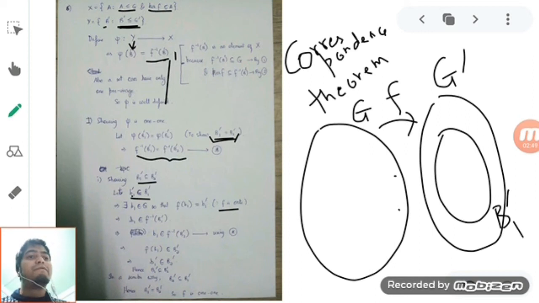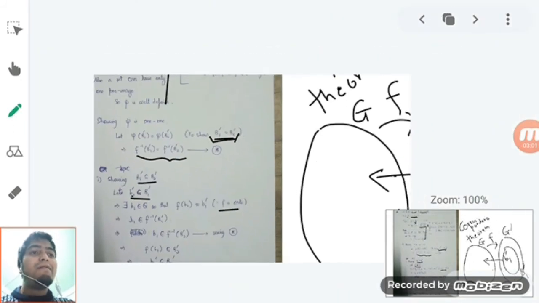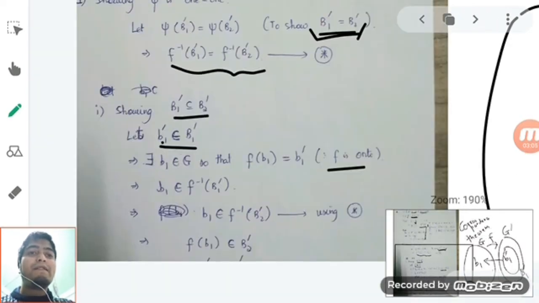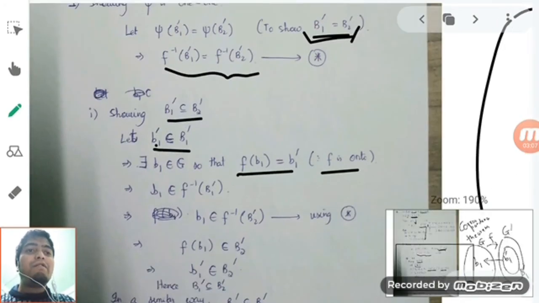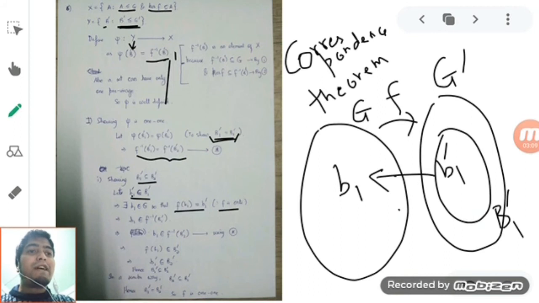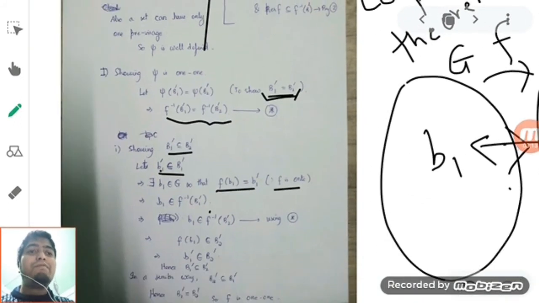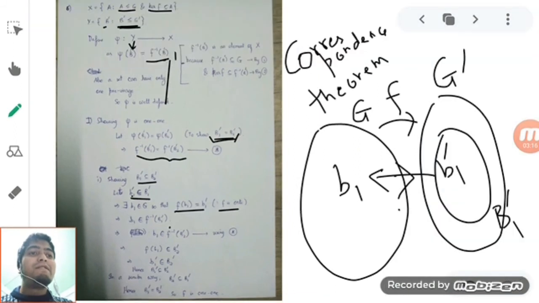B1 dash is over here, and similarly B2 dash is over here. You take B1 dash from here. Because f is onto, it has a pre-image, which we denote by B1. B1 will be an element of G. Just say f of B1 will be equal to B1 dash. So B1 will be in the pre-image.